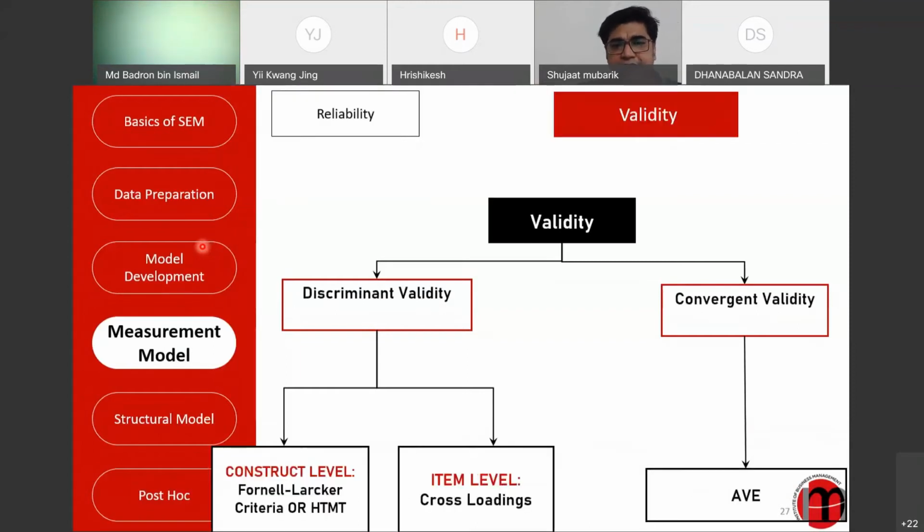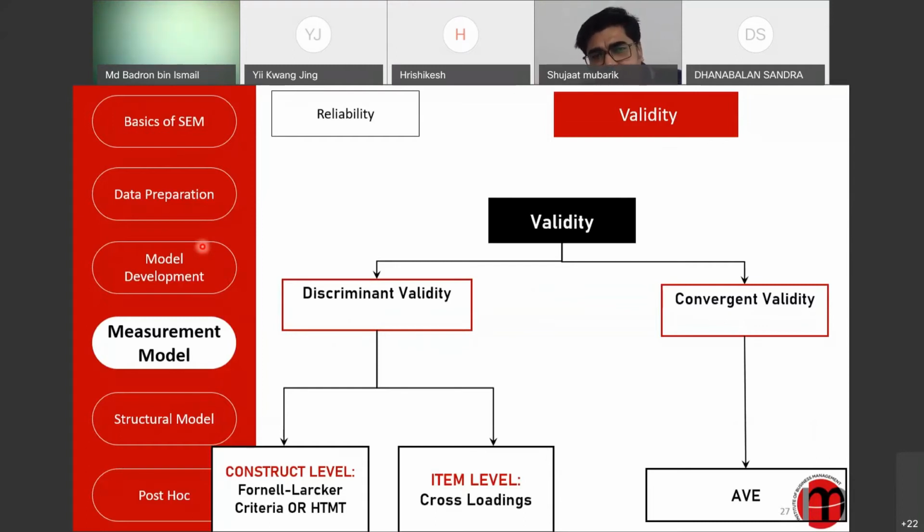For the validities, I told you that we have to see the discriminant validity and convergent validity of the construct. Discriminant validity is gauged by the Fornell-Larcker criterion, which means we are comparing the square root of the average variance extracted with the inter-construct correlations.